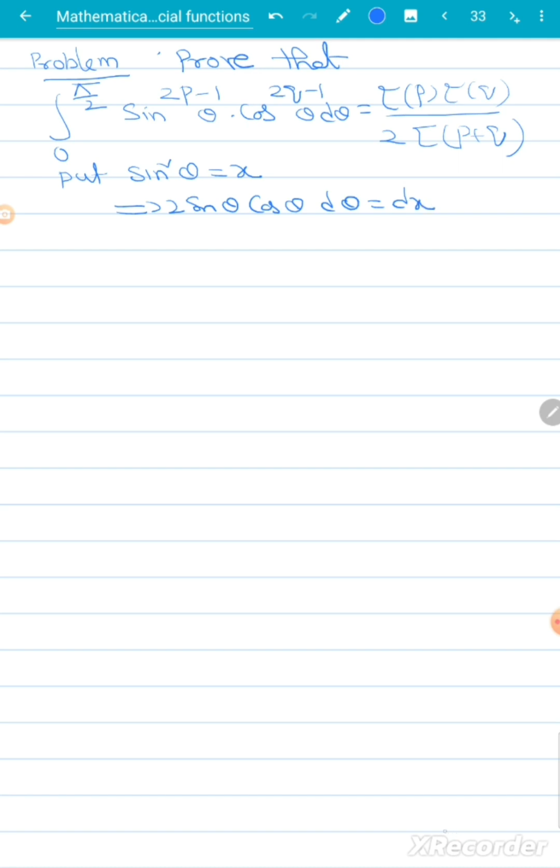And the limits are: lower limit x is equal to 0. This implies that sine square theta is equal to 0, or sine theta is equal to 0. This implies theta is equal to 0.